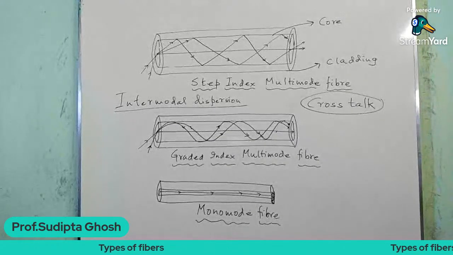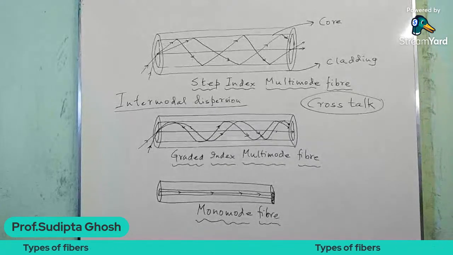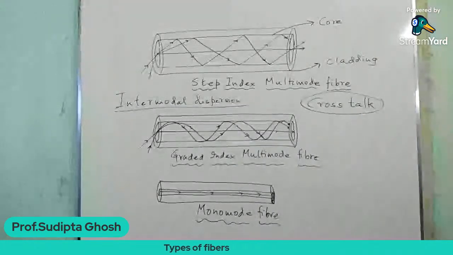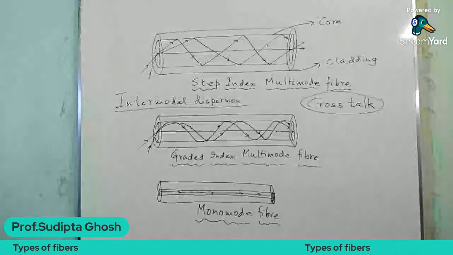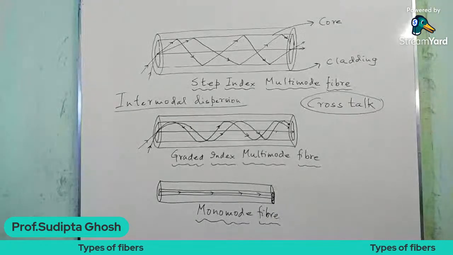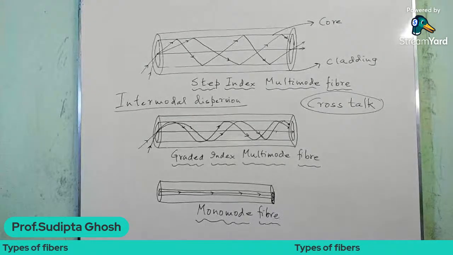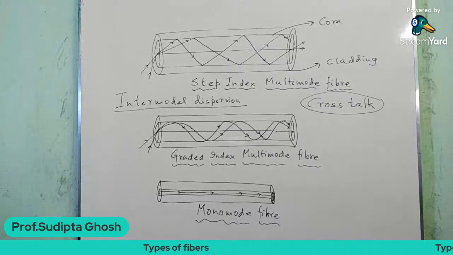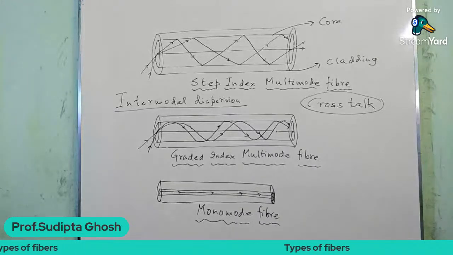They can carry a huge amount of information within the channel. Losses are extremely low, and optical fibers are small in size and light in weight.